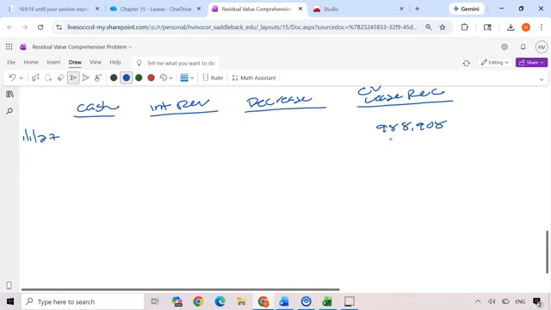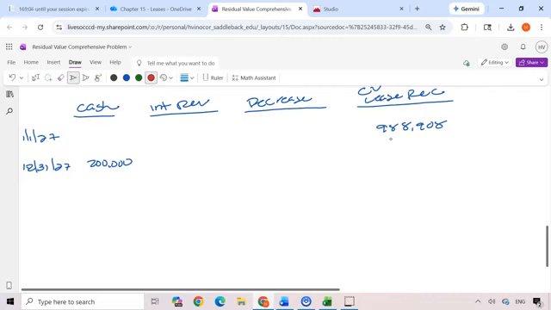On 12/31/2027, there is a $200,000 payment that I will receive. But part of it has to be allocated to interest revenue, and the rest of it will be decreasing the lease receivable. So how do we calculate that?